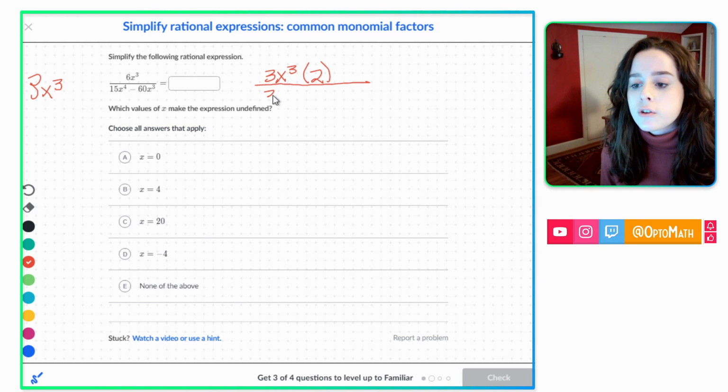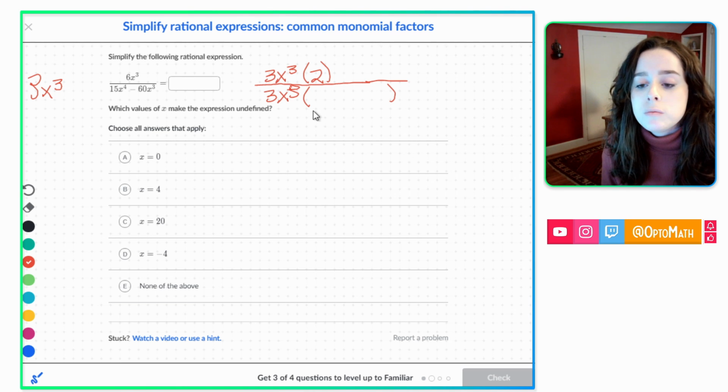And if we take out 3x cubed in our denominator, we have to figure out what's left over. 15x to the 4th divided by 3x cubed is going to be 5x. And negative 60x cubed divided by 3x cubed is going to be minus 20.